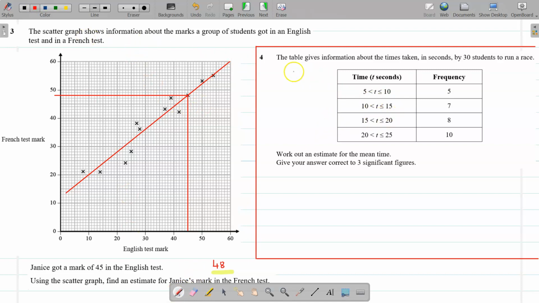Number 4, this is about mean from a grouped frequency table. We've got to work out an estimate for the mean time. And it can only be an estimate because we don't actually know how many seconds these 5 people took, for example. But what we do is we say on average they took halfway between 5 and 10, which is 7.5.